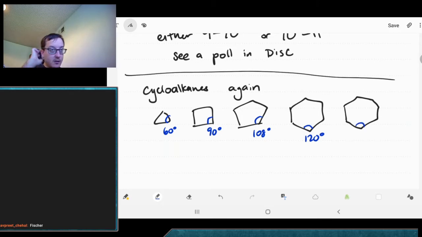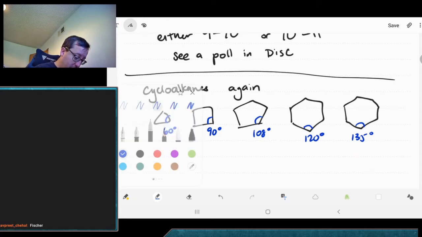What's the bond angle for a heptagon? 135. Okay. If you are a carbon of the tetrahedral variety, which we all are, right? Which of these two would probably be your most ideal ones?